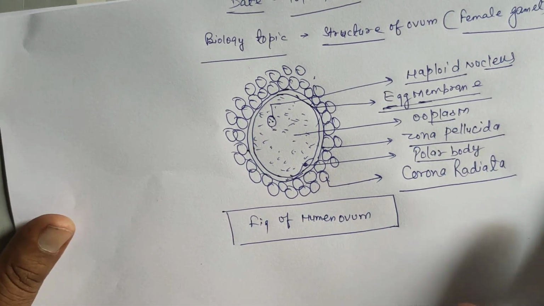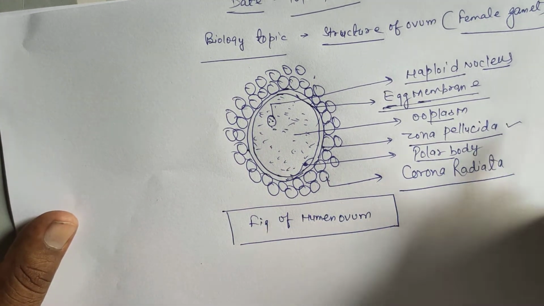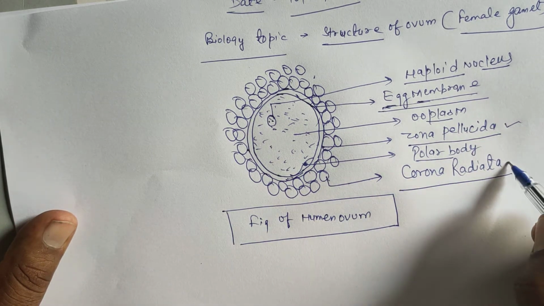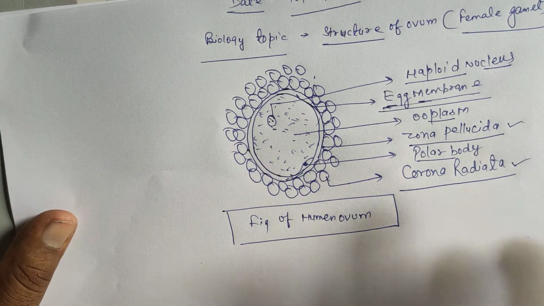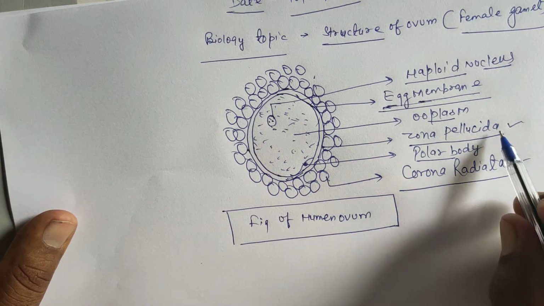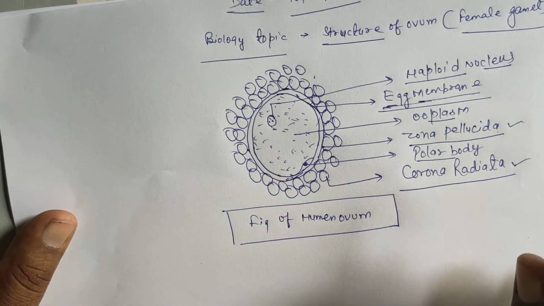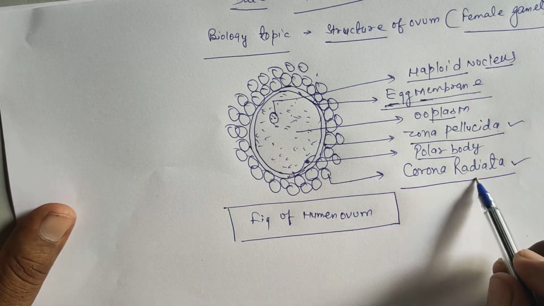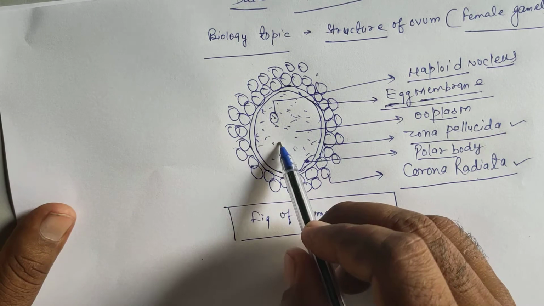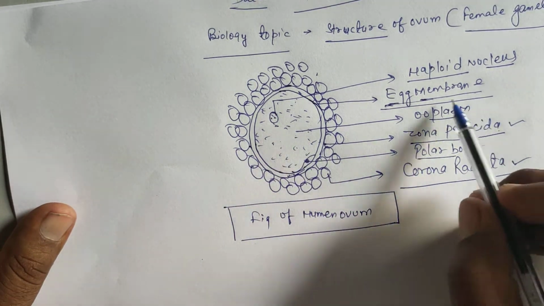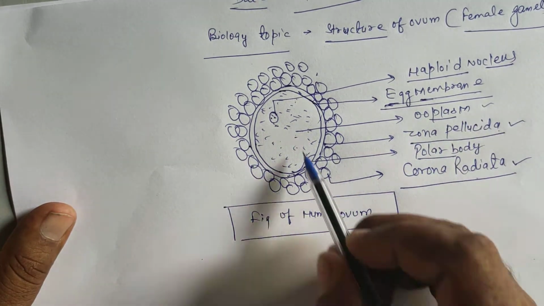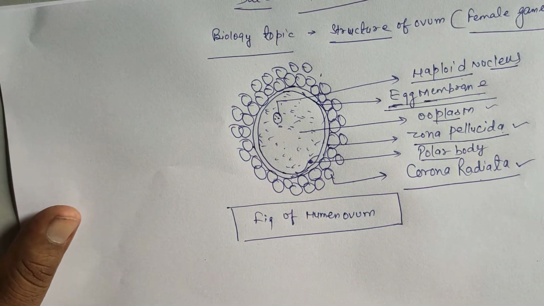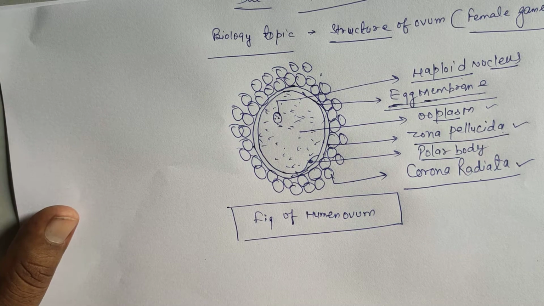First is primary egg membrane. Primary egg membrane is zona pellucida, and secondary egg membrane is corona radiata. It is acellular or transparent layer. It is cellular layer. Inside fluid is ooplasm. Nucleus is haploid.